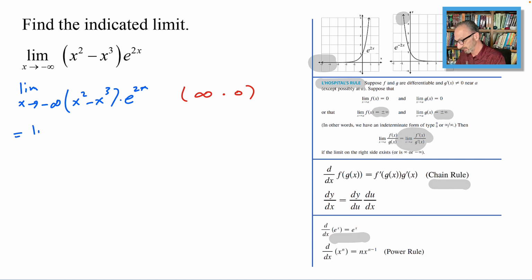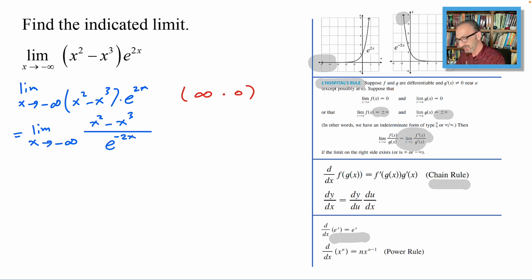Equals limit as x approaches negative infinity, x to the second minus x to the third on top, and bring e to the 2x down, that makes it a negative exponent, minus 2x.